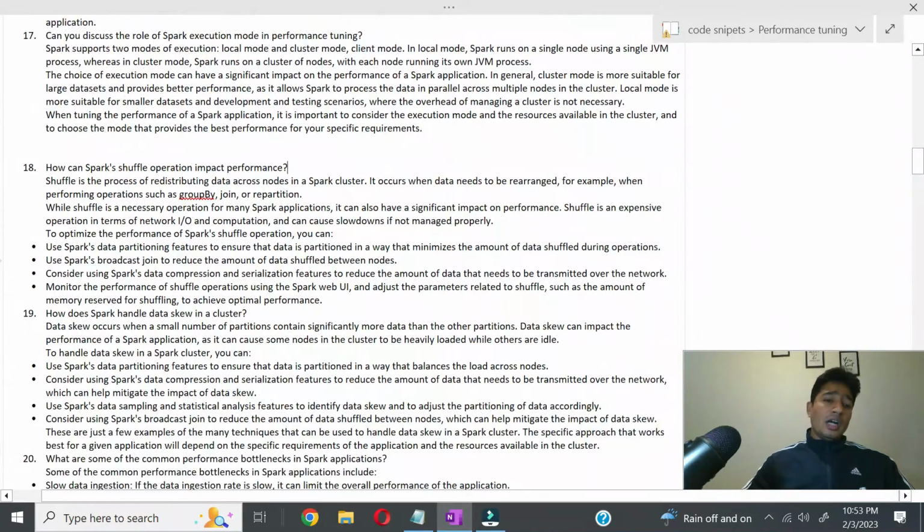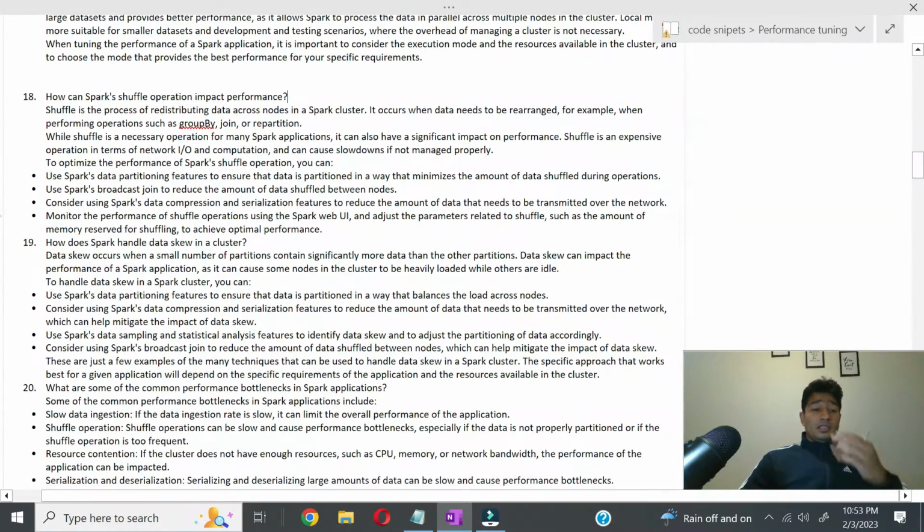How can Spark shuffle operations impact performance? We have explained it to you. Spark shuffling is the process of redistributing data across the Spark cluster. It occurs when data needs to be rearranged, for example, using group by, join, and repartitioning, right? While shuffling is necessary, it can be avoided using alternative operations, or you can even reduce the amount of data to be shuffled.